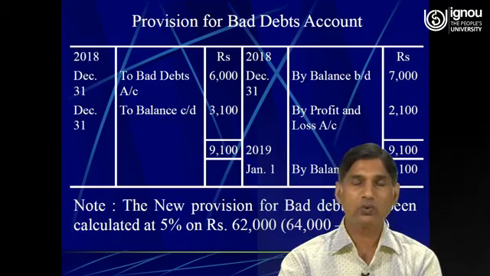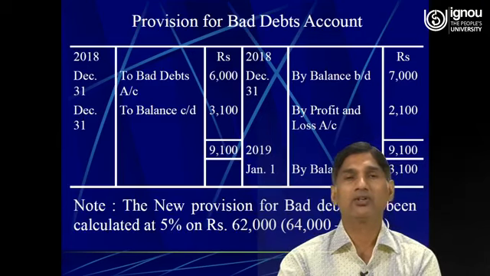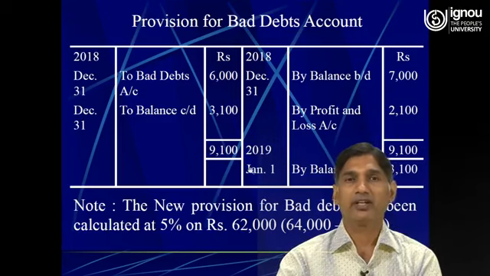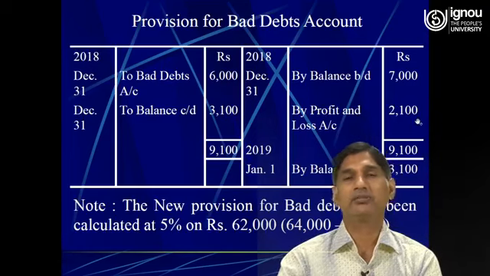On 62,000 we should make a new provision at the rate of 5%, that comes to 3,100. So this is the balancing figure of rupees 2,100 which must be charged to the profit and loss account.